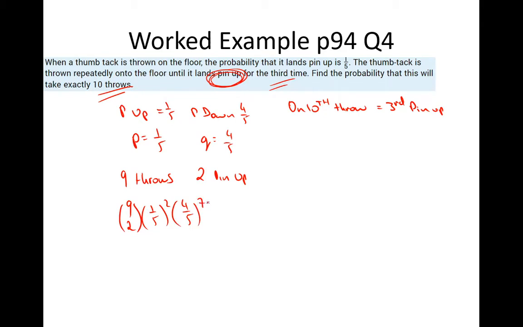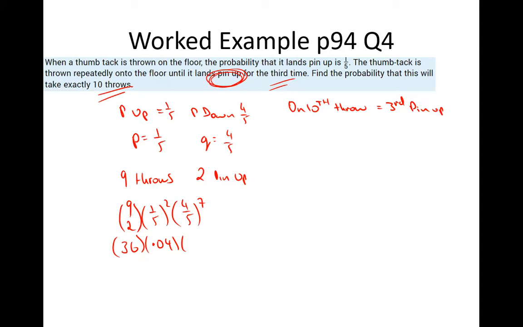So if we work that out, 9C2, that's 36, multiplied by a 5th, 0.2, raised to the power of 2, which is 1 over 25, which is 0.04, multiplied by 4/5 raised to the power of 7.